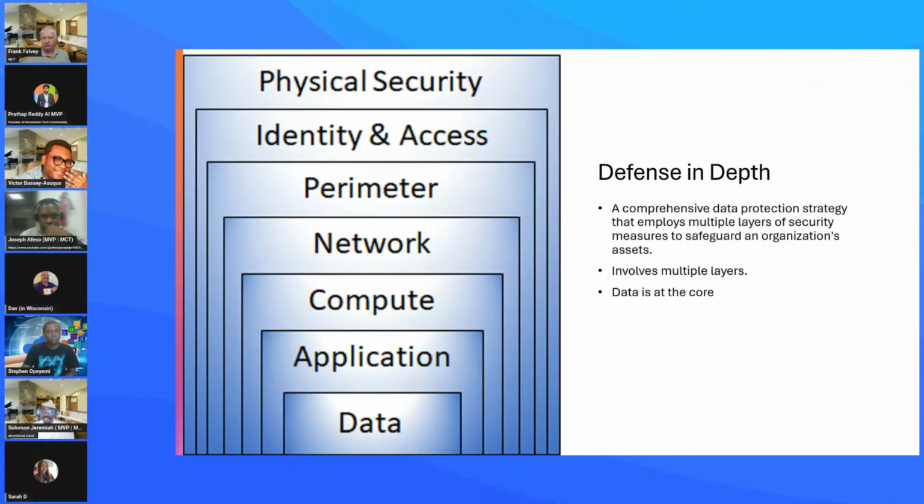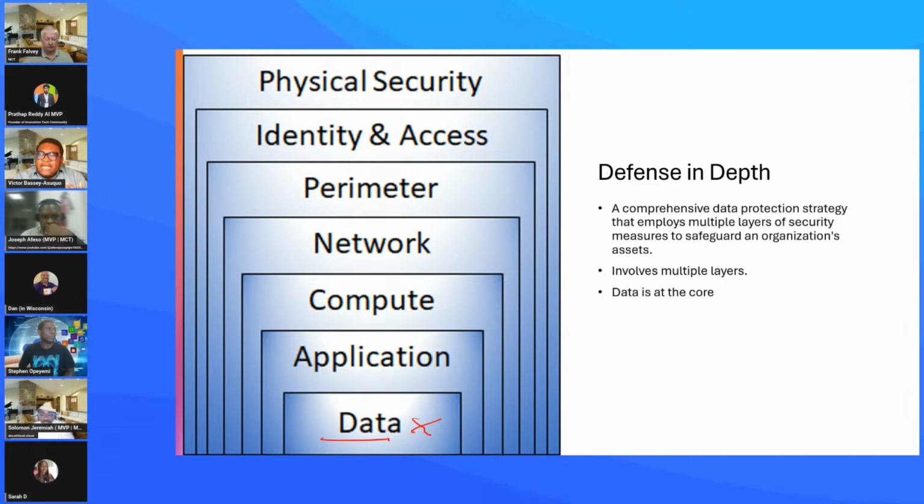Now, that's what defense in depth tries to achieve. Defense in depth is basically a data protection strategy. By the way, it's also a military strategy. What it does is create concentric rings around your data, because more often than not, when somebody tries to breach your environment, the target is usually this one here, the data.